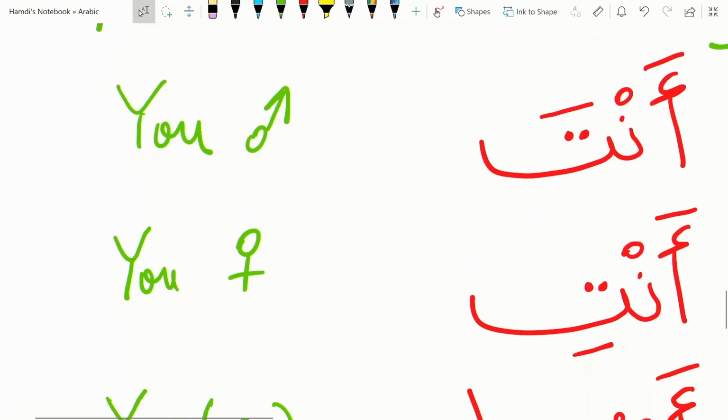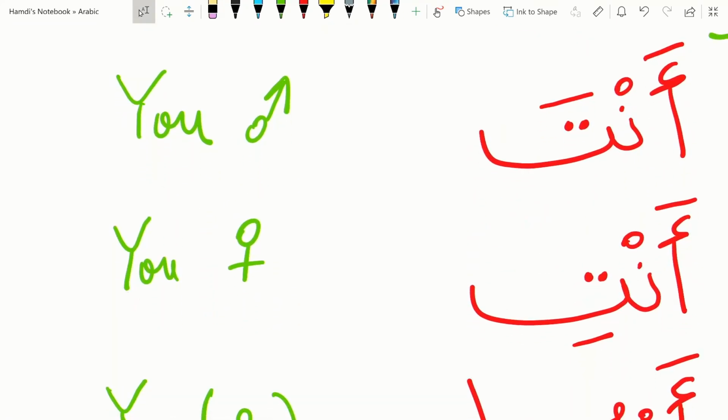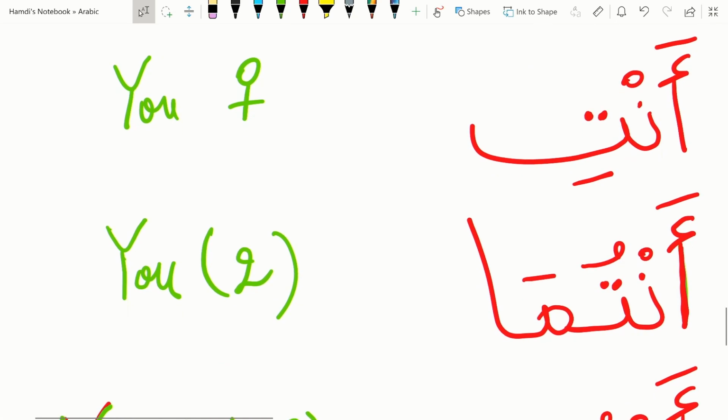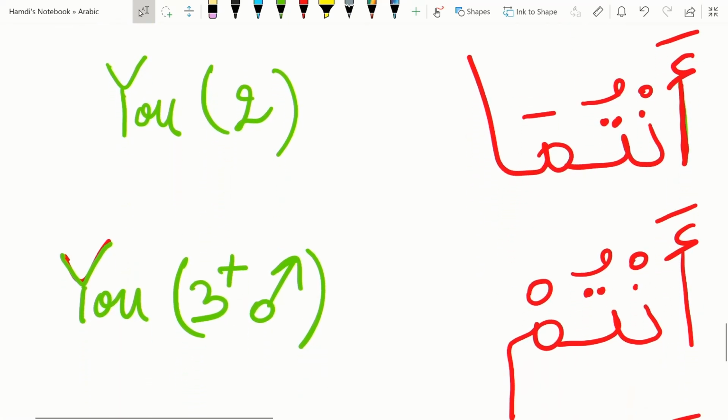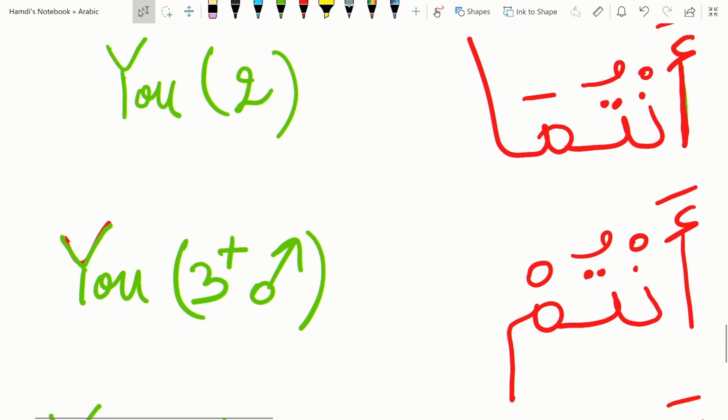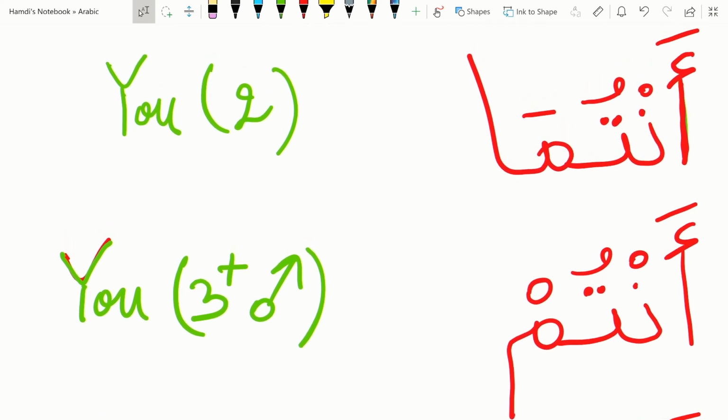أنت is you talking to a male. أنتِ is you talking to one female. أنتما is you talking to 2 males or 2 females, or 1 male and 1 female, 2 persons basically. So we'll see in conjugation that we'll need to have 2 أنتما's.